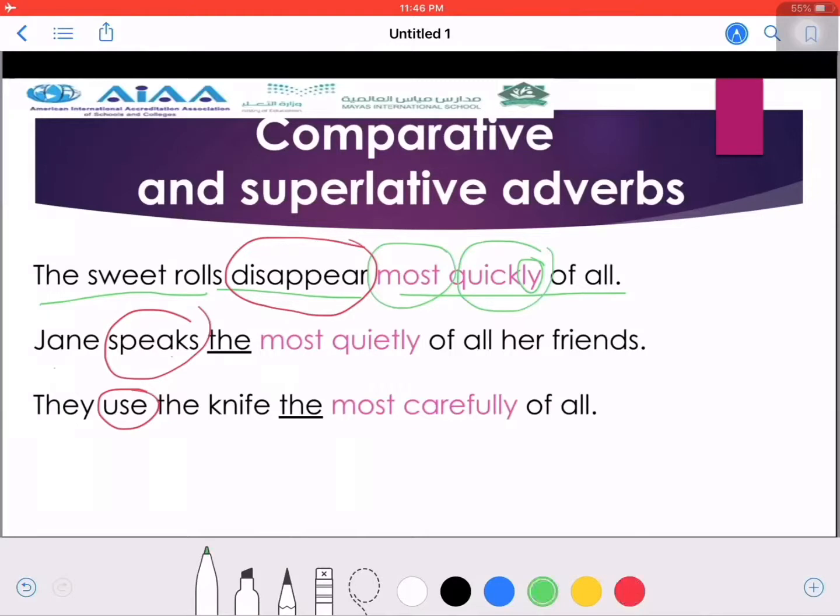Jane speaks the most quietly of all friends. So Jane speaks. How does she speak? Quietly. But I want to compare it with her friends, with the way that her friends speak. So we say the most quietly.